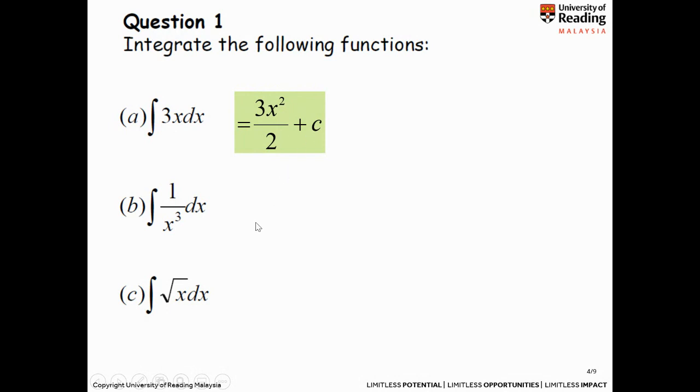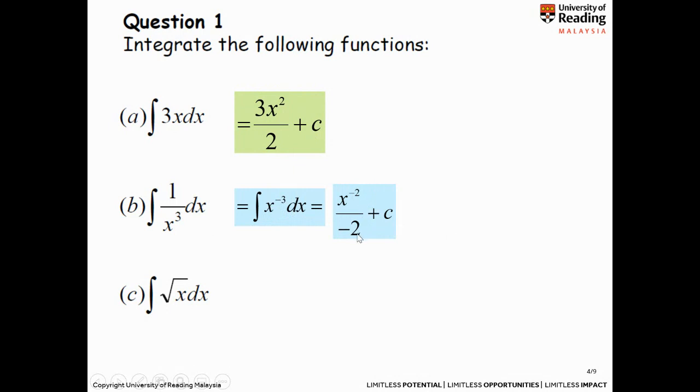For 1b, you have a denominator consisting of x to the power 3. You need to bring it as a negative power. So 1 over x cubed is changed to x to the power minus 3. When you integrate, minus 3 plus 1 shall give you negative 2.